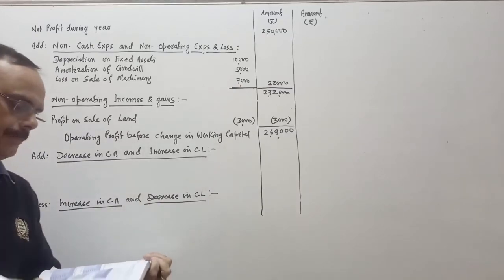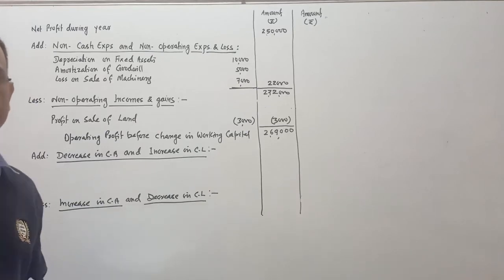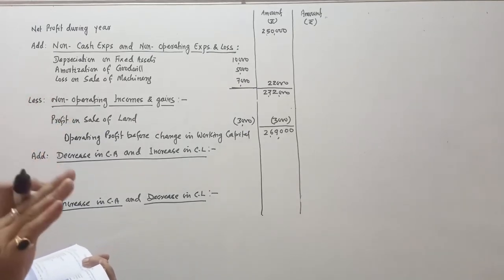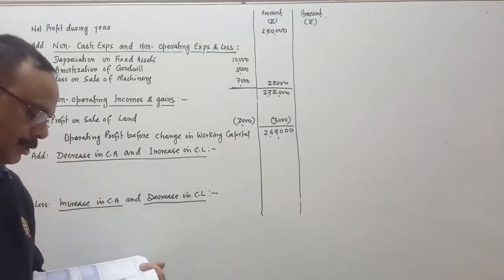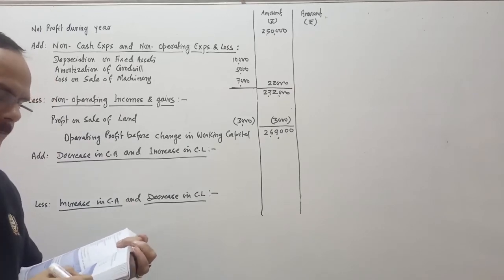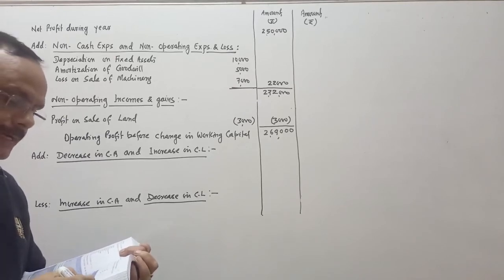The additional information in this question is trade receivable. Trade receivable means debtors and bills receivable, jointly known as trade receivables. It is a current asset. Last year it was 22,000 and this year it is 23,000.